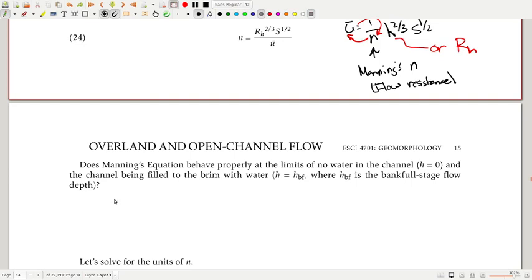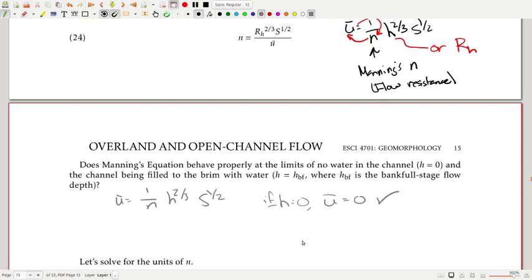So first off, we have U bar equals 1 over n, h to the 2/3 s to the 1/2. And I think it's pretty clear that if h equals 0, then U bar also equals 0, because everything multiplied by 0 becomes 0. Check. Great, it works.